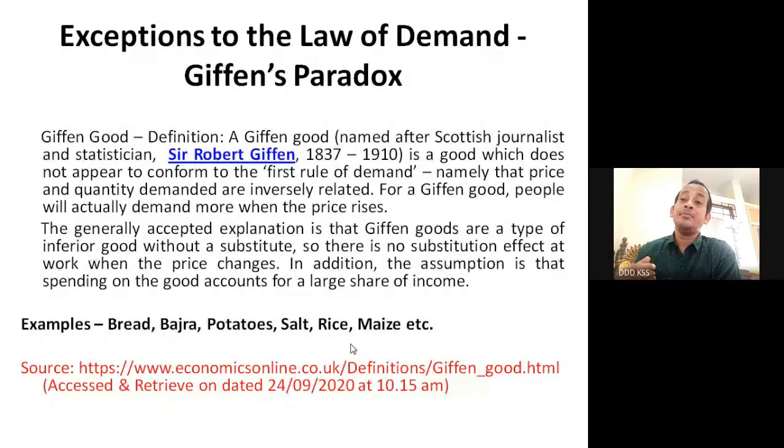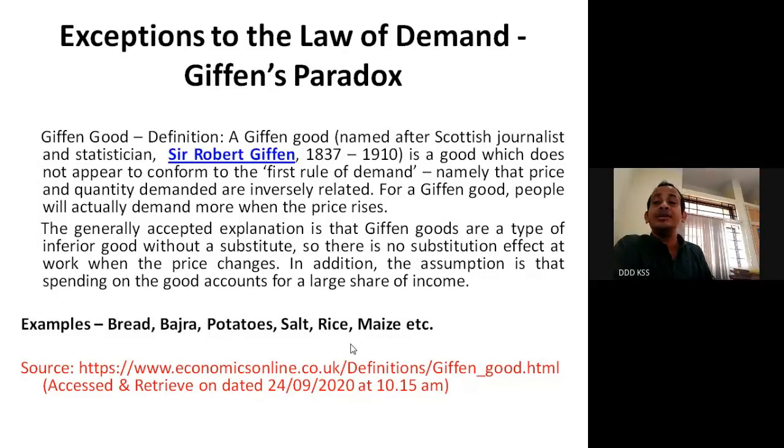Like in Punjab, they consume wheat as we consume rice. Punjabis consume wheat, then maize, like this commodity. Now, if the price of wheat increases, demand may also increase, and this is an exception to the law of demand.